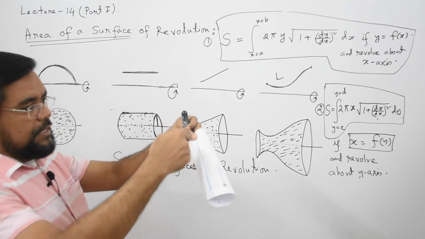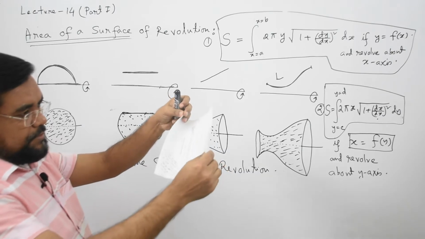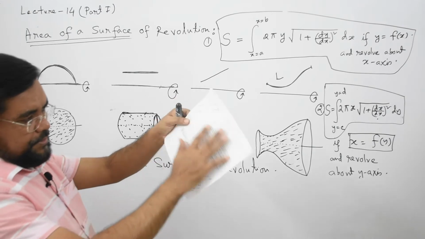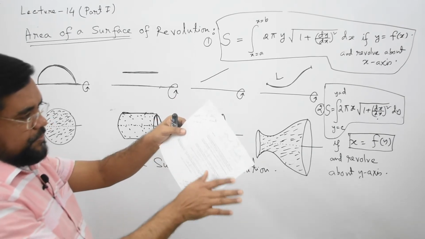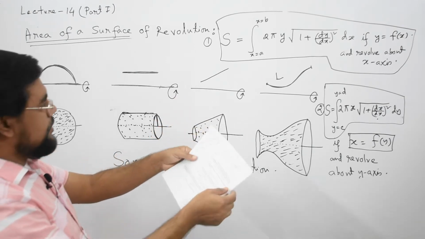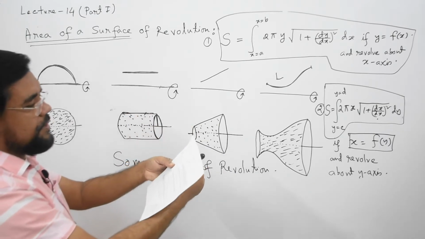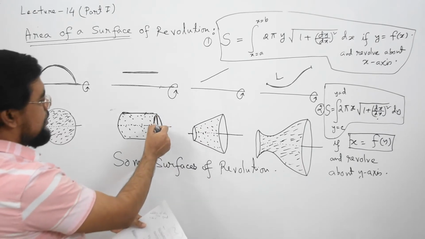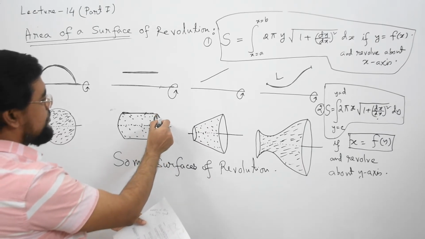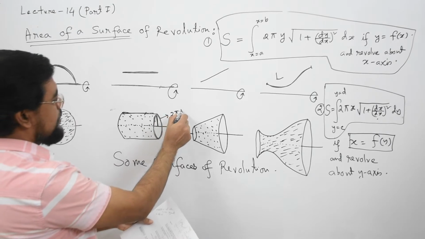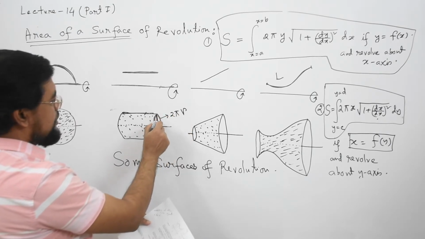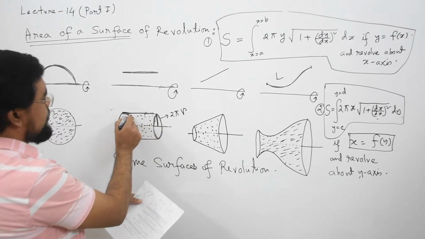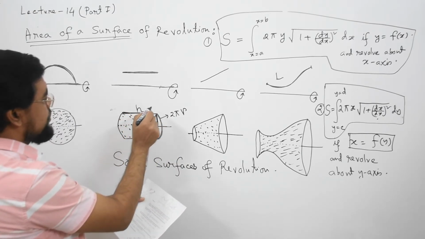Now if you cut it here along a straight line, it will look like this. We want to calculate the area of this rectangle. One side is the circumference of this circle, which is 2 pi r, where r is the radius of this circle, and the other is the length or height of this cylinder, which is h.